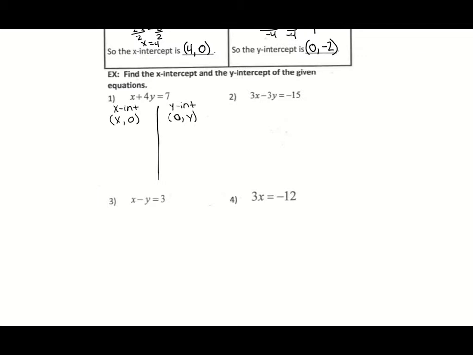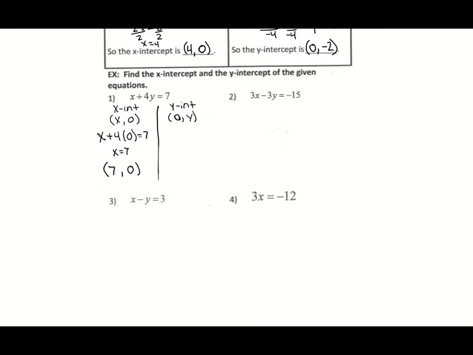So for my x-intercept, I've got to plug in a 0 for y. 4 times 0 is 0, so that leaves me with just x equals 7. So that means my x-intercept is 7, 0.